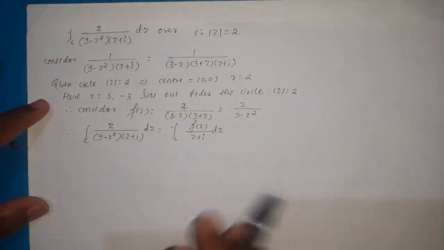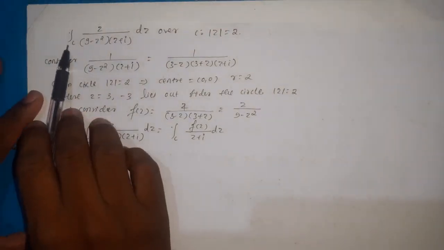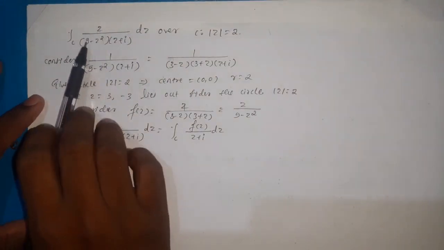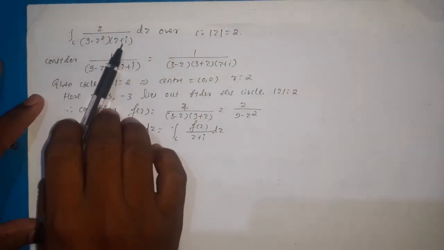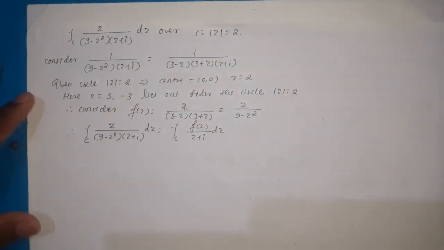Next problem: the integration over c of z divided by (9 minus z square) into (z plus i) dz over the circle C such that mod z equals 2. For the given circle, the center is (0, 0) and the radius is equal to 2. Now, let us factorize the denominator to get the standard form.